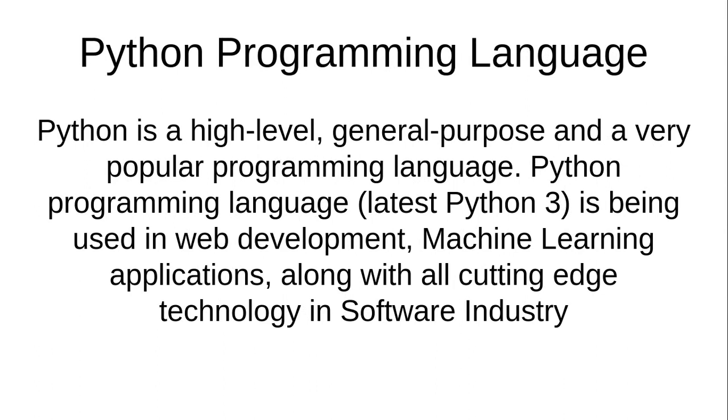To get started, we'll first need to highlight that Python is a very popular high-level programming language, meaning that it's closer to human understanding as compared to what a machine can understand, right?